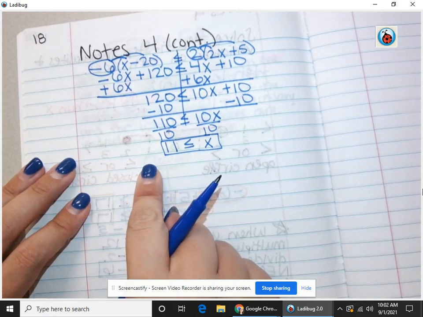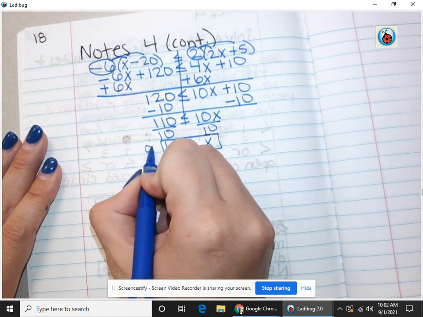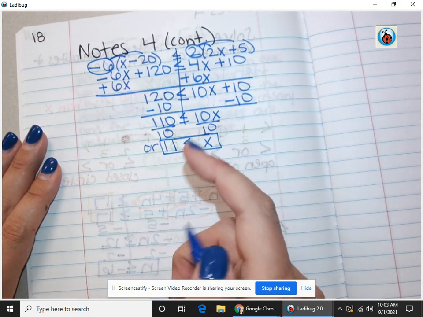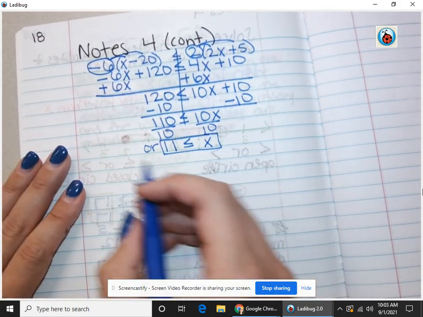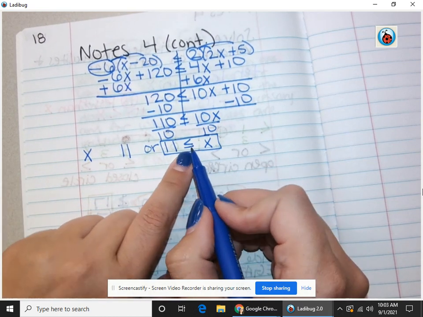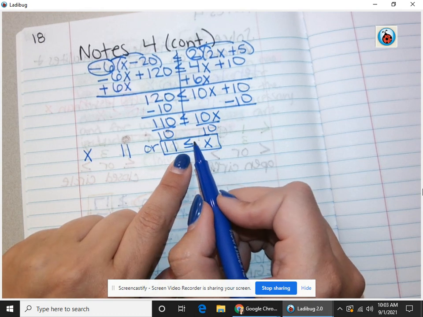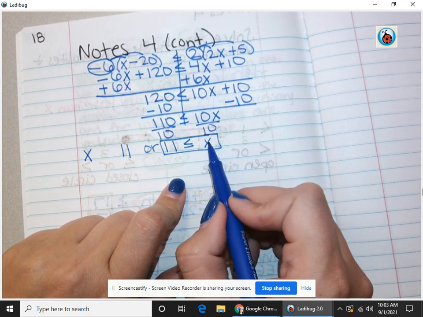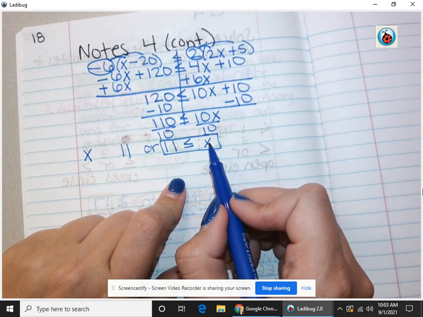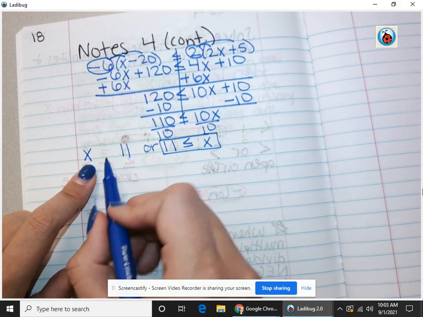Now, there's another way I could write this, right? I could also write it flipped around. So I could write it x and I have 11. Pay attention to your inequality, okay? It opens to my x. Don't keep this inequality if you flip it around.